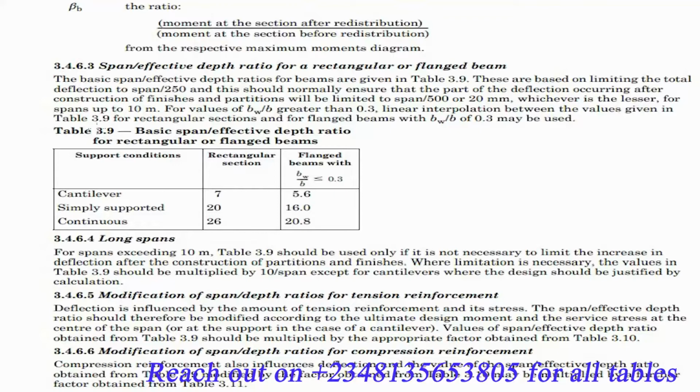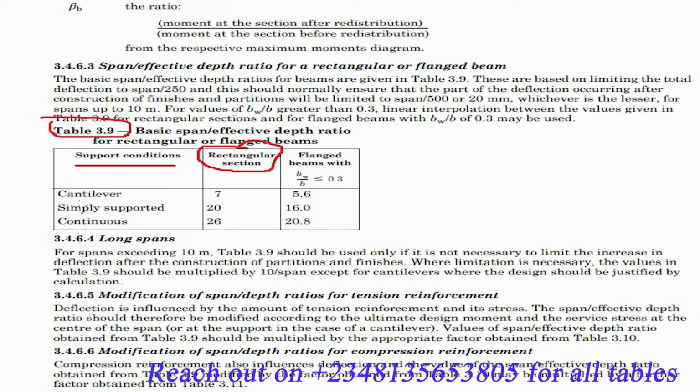The basic span over effective depth ratio for rectangular and flanged beams are given on table 3.9, BS 8110. To get your ratio, you check for the support condition and the type of member you are designing for. Like I said earlier, you design a solid slab as a rectangular beam. This is the rectangular beam, circled.